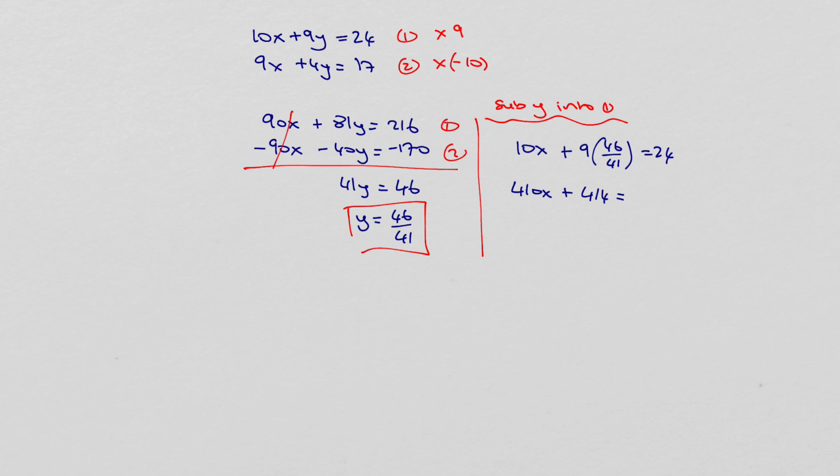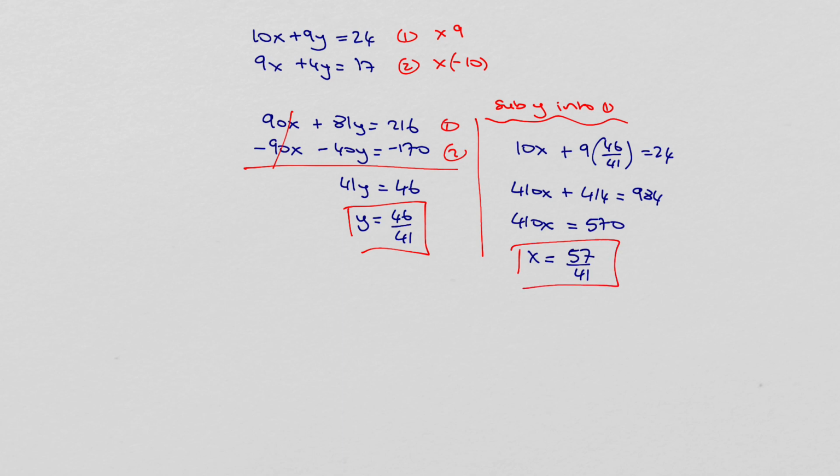And 41 times 24 is 984. So bringing 414 to the right-hand side, so subtracting 414 from both sides, I get 410x equals 570, and therefore x is equal to 57 over 41.